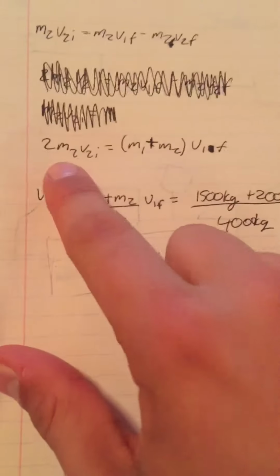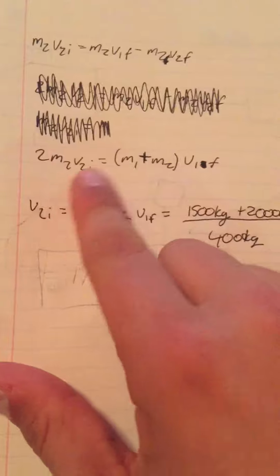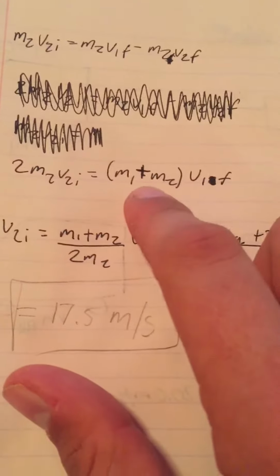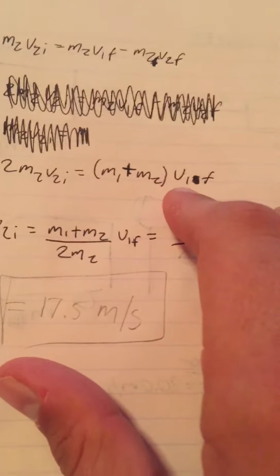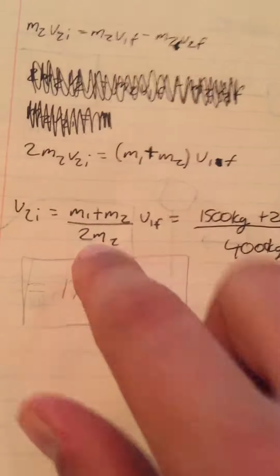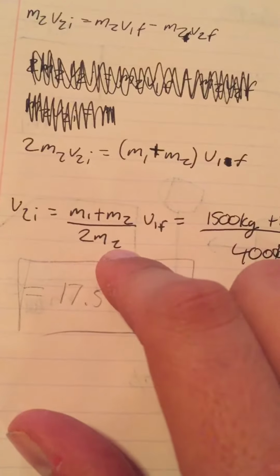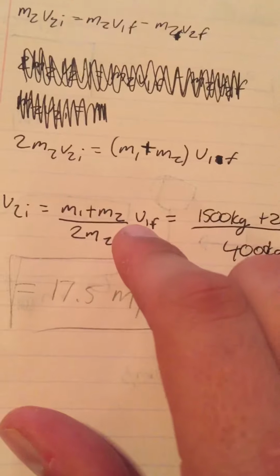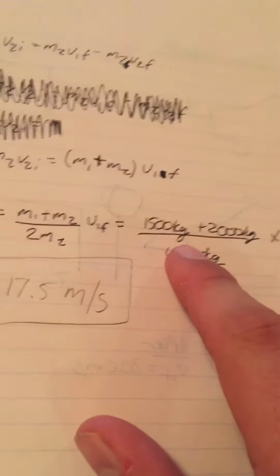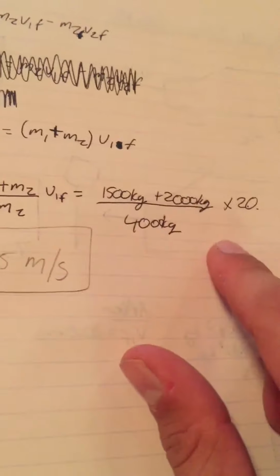We do a little algebraic simplification and you get 2 M2 V2I equals (M1 plus M2) times V1 final, and then you simplify more, and it's V2I equals (M1 plus M2) divided by 2 M2 times V1 final. So then you plug in your values, times 20 meters per second, and that gives you 17.5 meters per second.